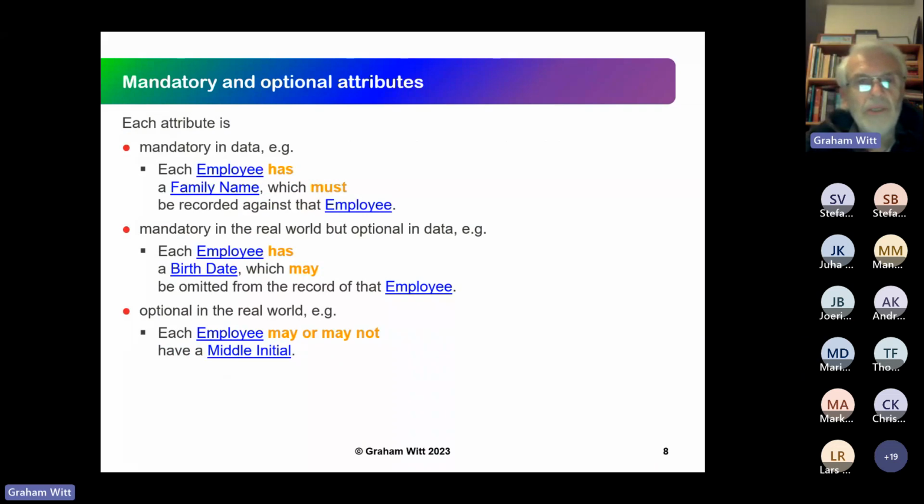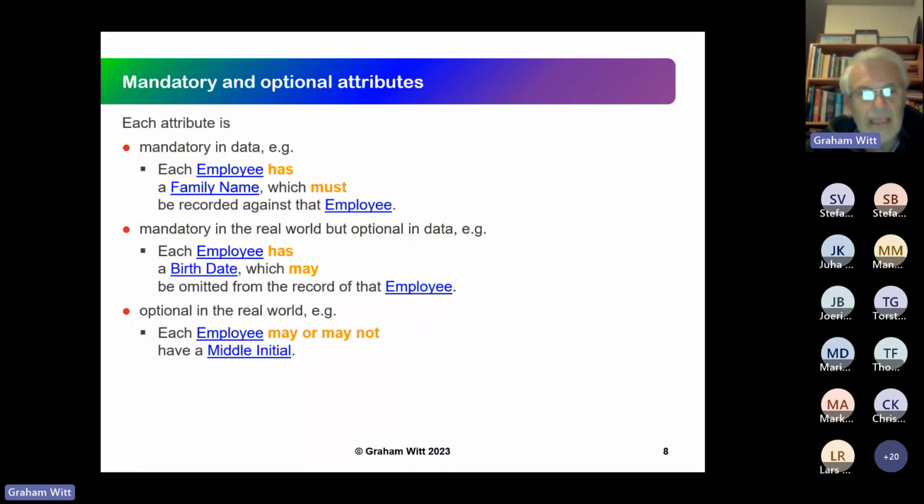So, mandatory and optional attributes. Typically, you will find that most modelers have basically the choice of mandatory or optional. One of the things that I've discovered in modeling many systems over the past few years is that you can have things that are mandatory in data. In other words, not only are they mandatory in the real world, but they have to be present in the data.